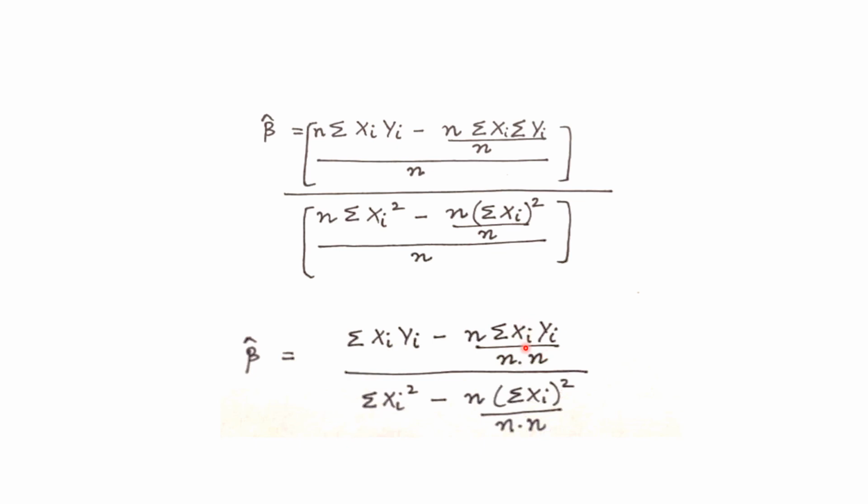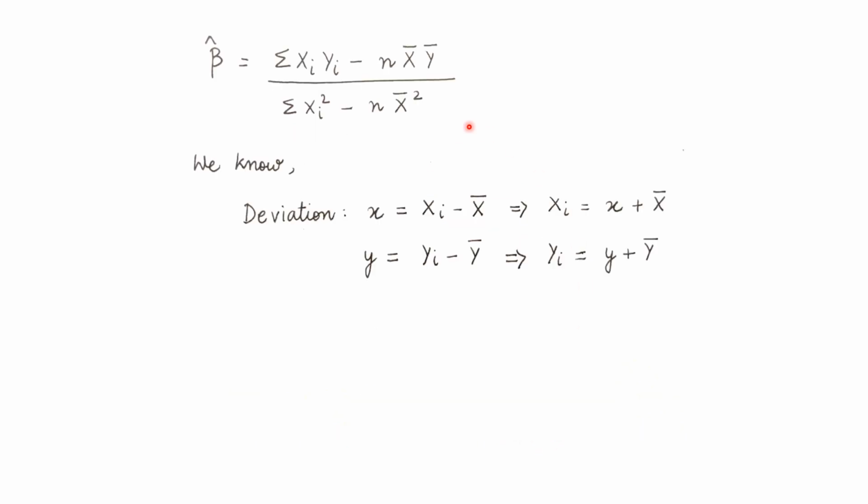Here summation xi upon n and yi upon n will become the mean values of xi and yi respectively, and here also this will become the square mean of x values. Simply by writing the mean values, you are getting this. X bar represents the mean of xi and y bar represents the mean of yi.